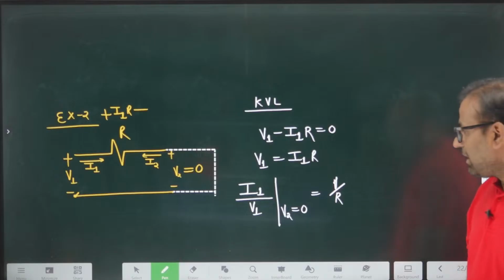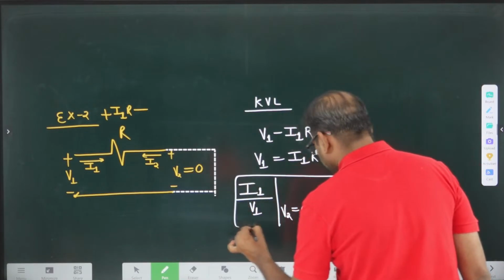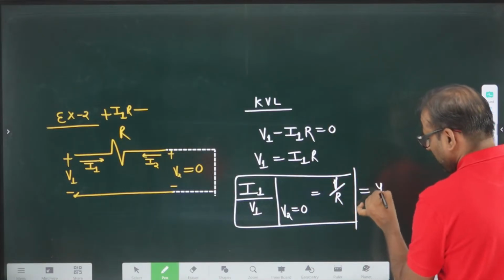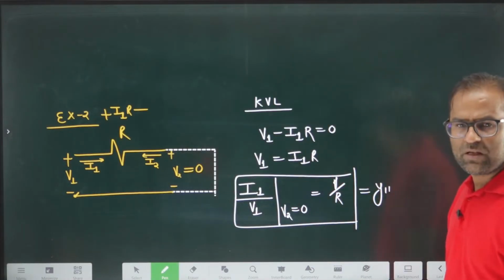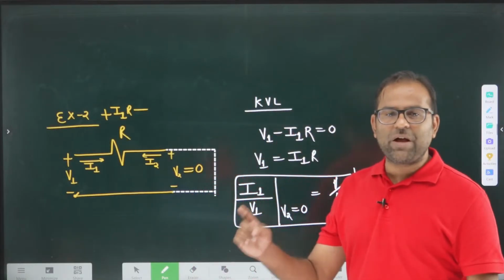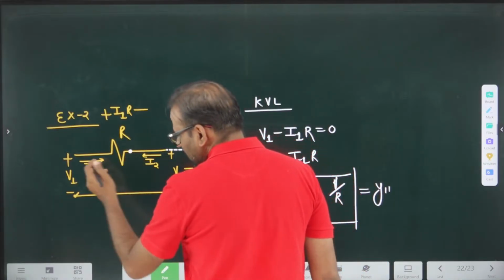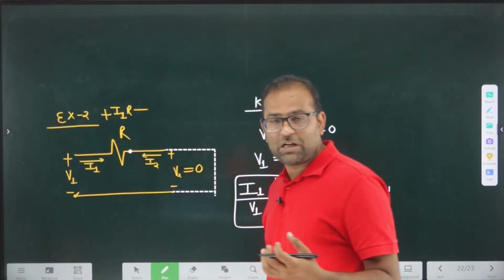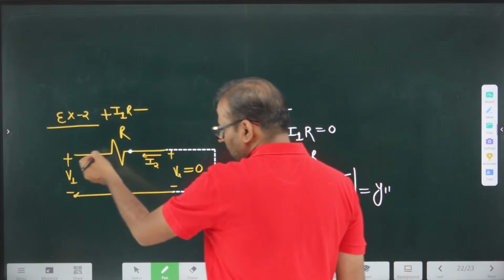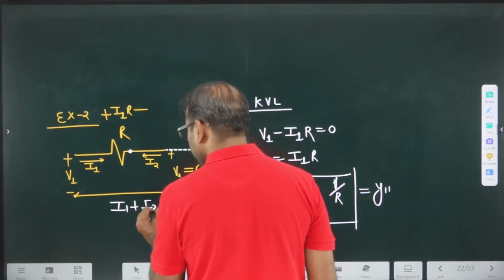Correct? This parameter is known as the Y11 parameter. What is the Y12 parameter? Do you know that there is a relationship between Y12 and Y21? If I apply a KCL here, the sum of current at a node equal to 0, then both currents are incoming currents. So you can say I1 plus I2 equal to 0.